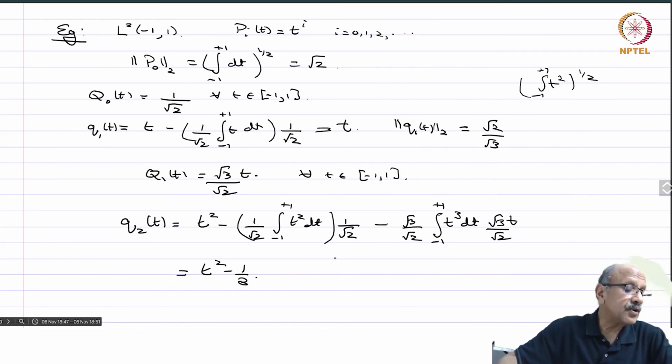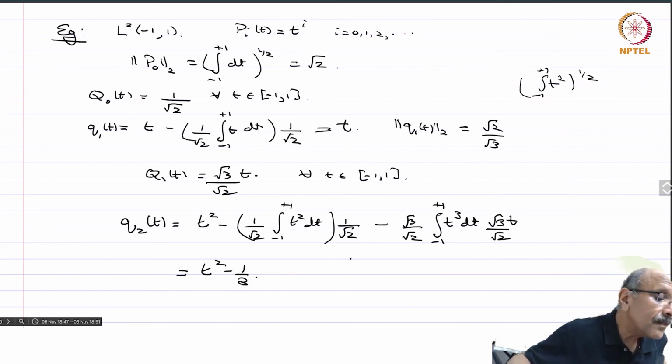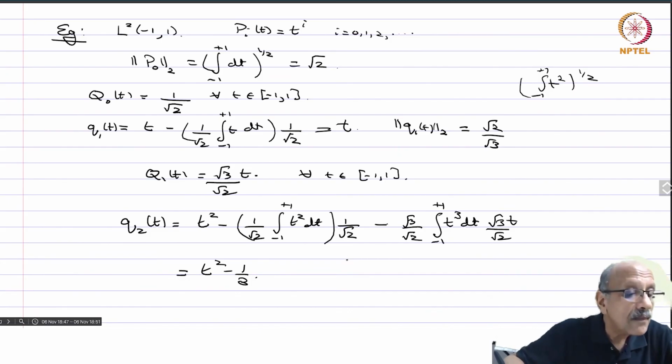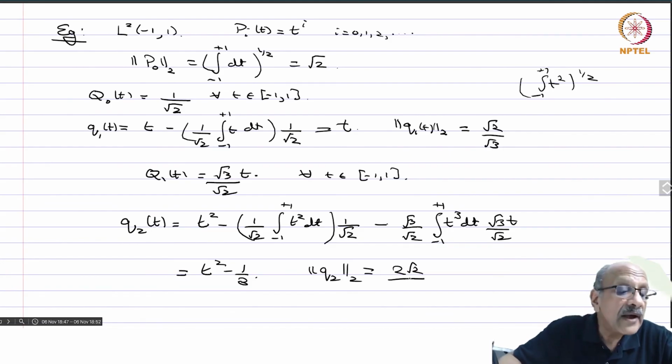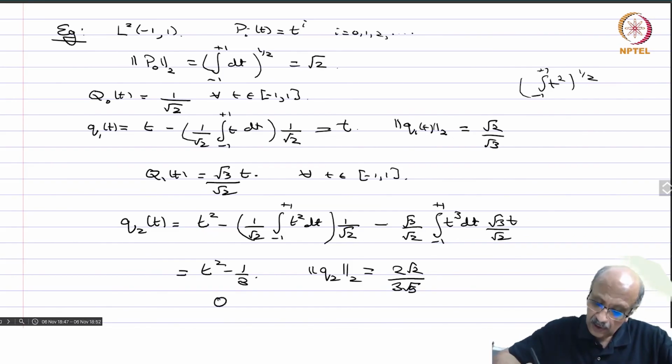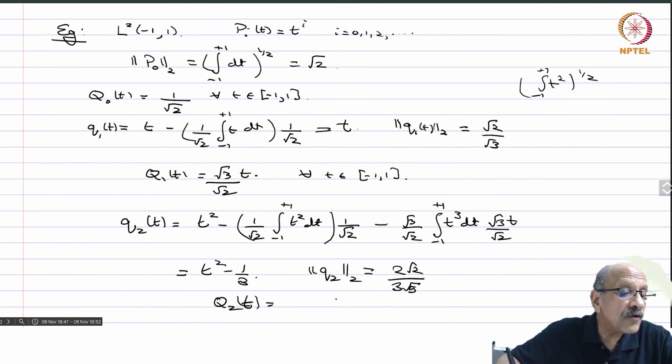And then if you compute its L2 norm, the norm of q2 in L2, this is a computation which you will have to do. That will be 2 root 2 by 3 root 5. Then you have to write q2 of t equal to root 5 by 2 root 2 into 3t square minus 1.